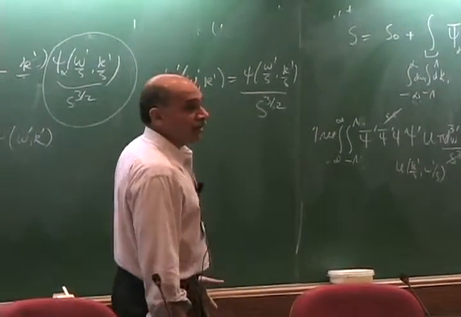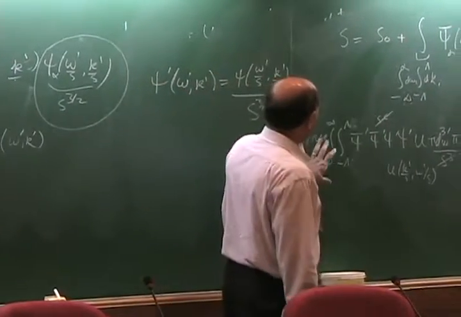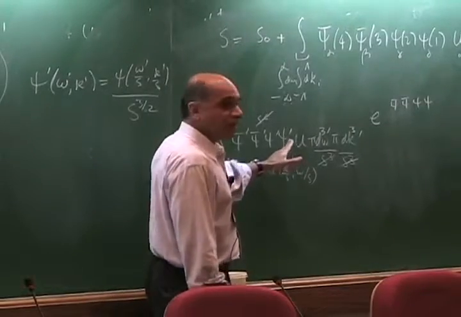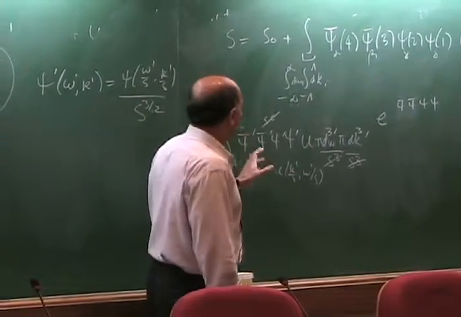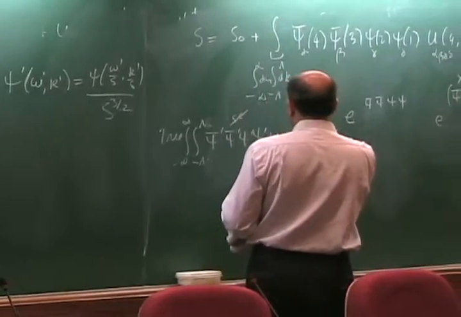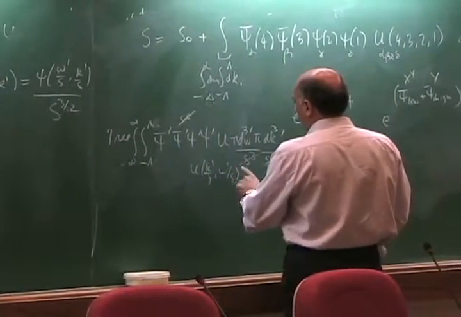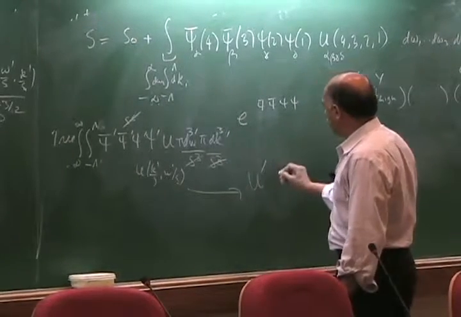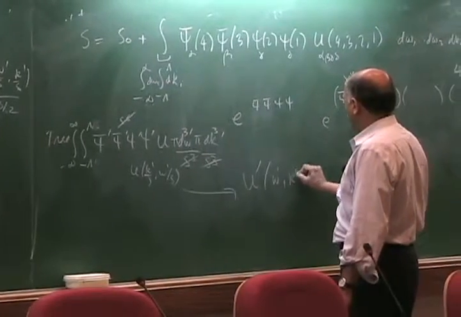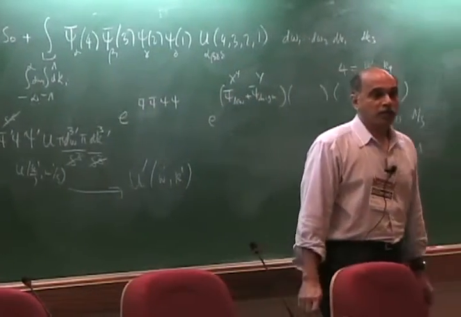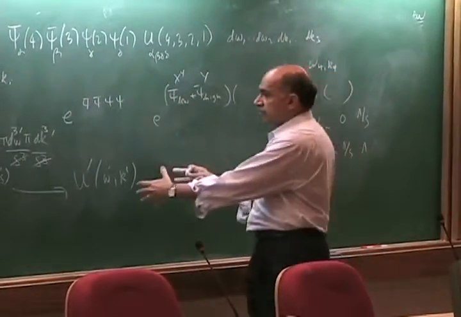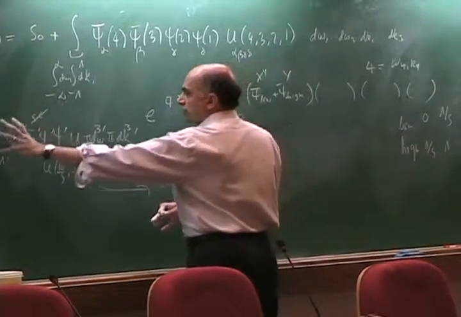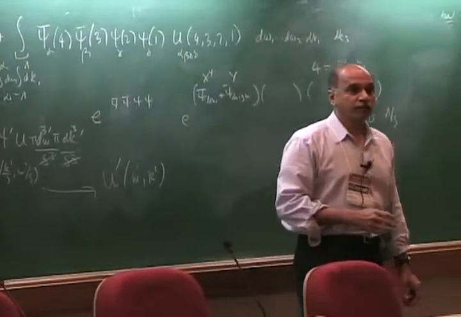So what do I have in the end? I have a theory with the same cutoff as in the kinetic term. Then I have 4 fermion fields normalized just like in the kinetic term. And this guy sitting here is the old U at K prime over S and omega prime over S. You agree, this is what I should identify as the new U at omega prime, K prime. This is what I would call the new interaction, because the new interaction multiplies the new fields integrated over the new omegas and new k's over this bandwidth in the new problem.